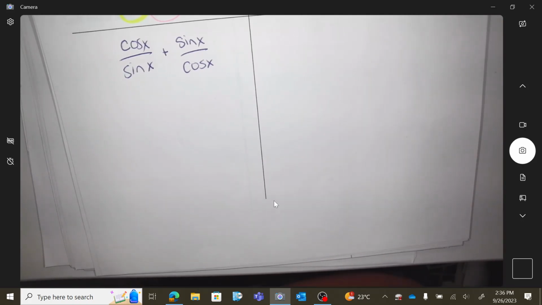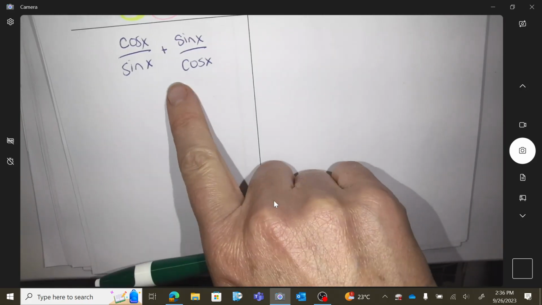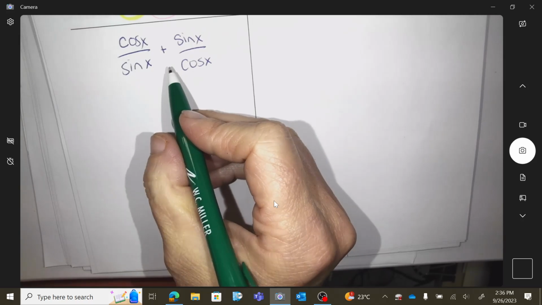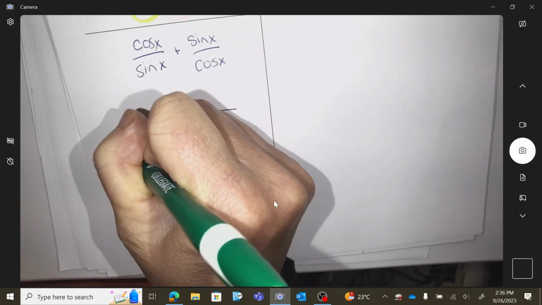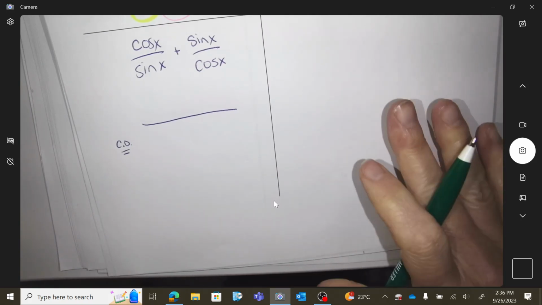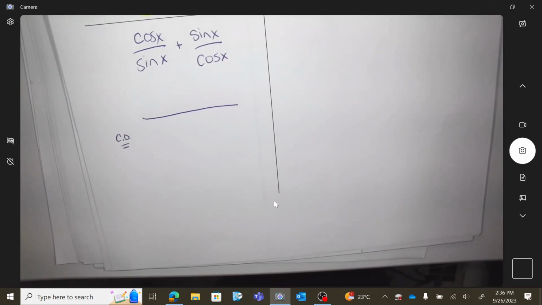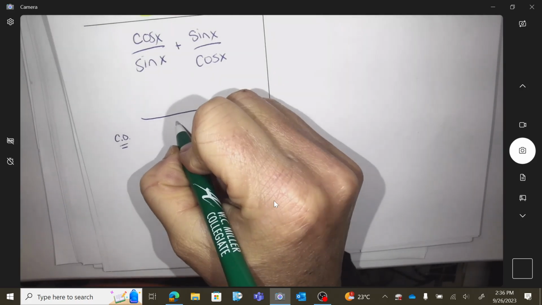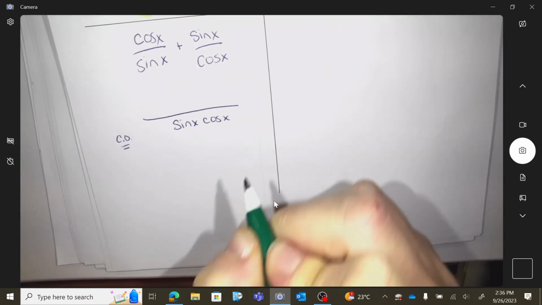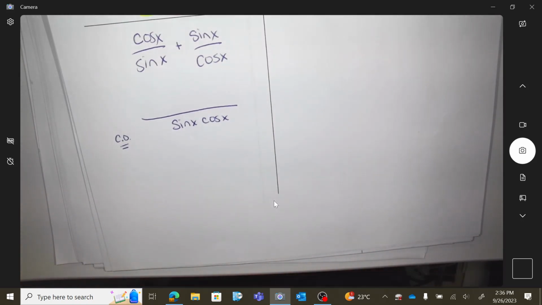Okay, we are working with an add fraction. So what's the big idea with adding fractions? Common denominator. Okay, so what do you all want to put in a common denominator? What do you all need to include? You would need a sine x in there, and you would need a cos x in there. Would we agree? We need both of them?